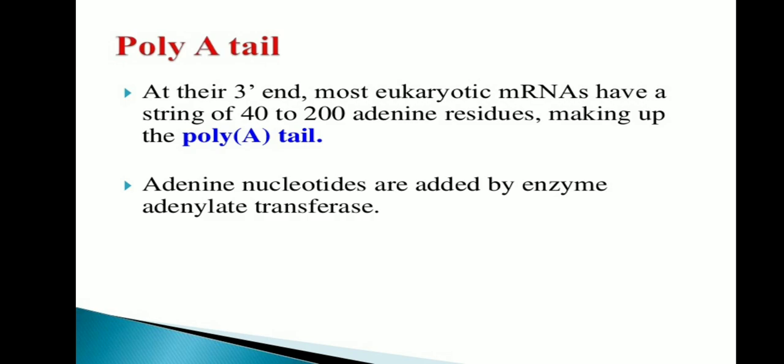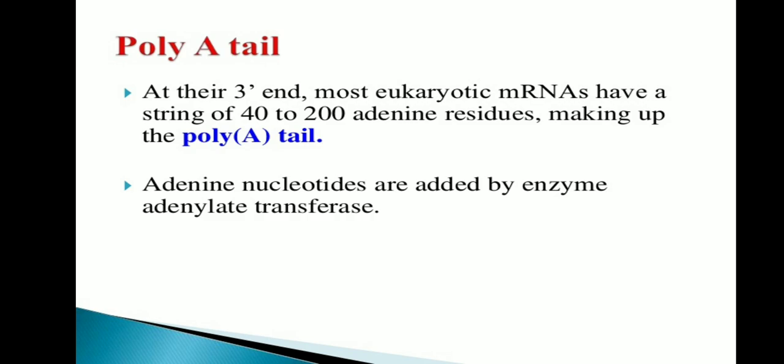Okay, so why is there a need for poly A tail addition? Because it provides stability to the matured mRNA, and it also protects the matured mRNA from the exonuclease. Exonuclease is spread in the cytoplasm.